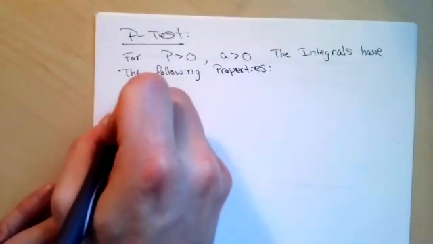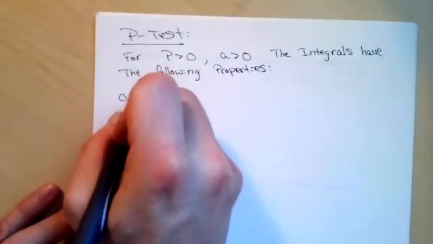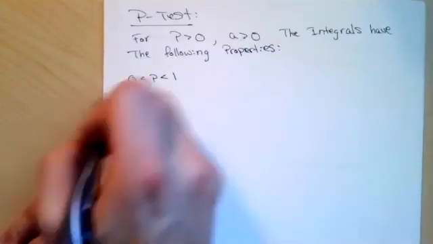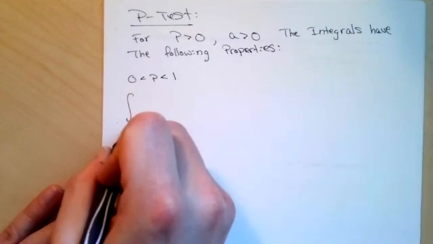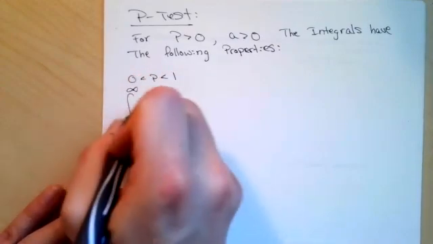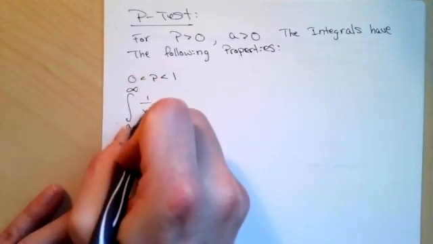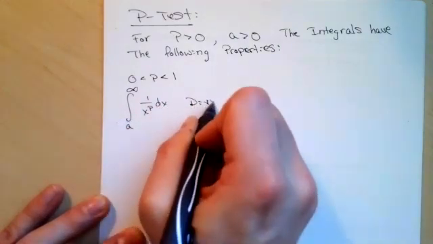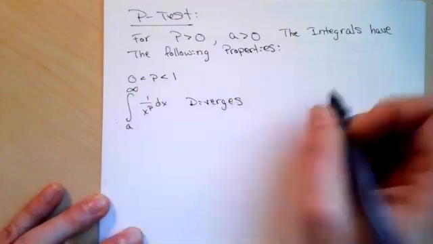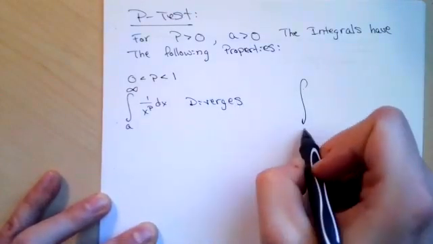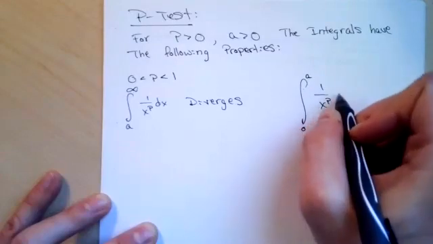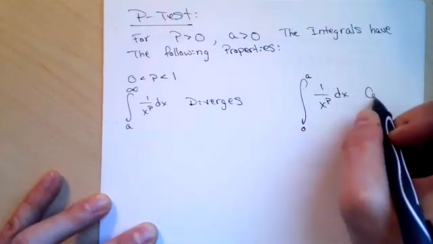For p between 0 and 1, our integral from a to infinity of 1 over x to the p diverges, but the integral from 0 to a of 1 over x to the p, we just saw, converges.